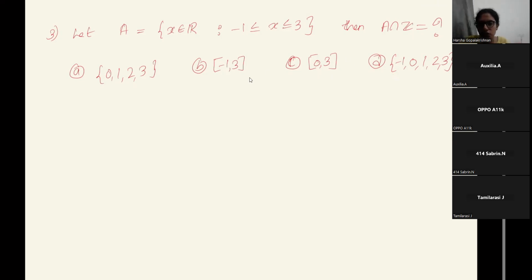Okay, before that, do you know what is this representation [-1, 3], closed [0, 3] and all? What is the set [-1, 3]? Do you know?